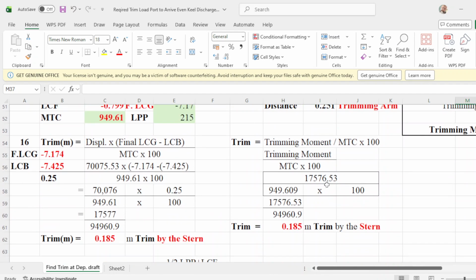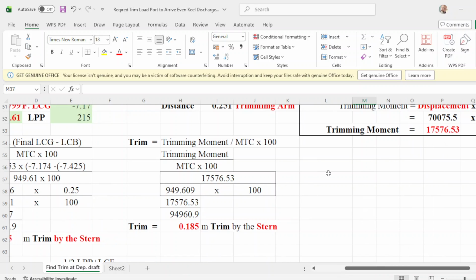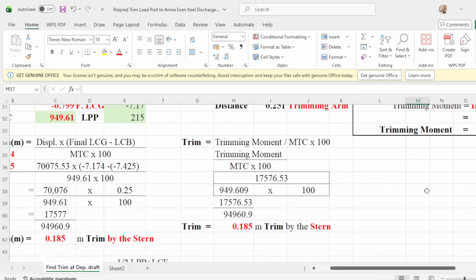So to get the trim is trim equals trimming moment over MTC times 100. So what is your trimming moment is 175.7653, which is this one, over MTC. What is your MTC?